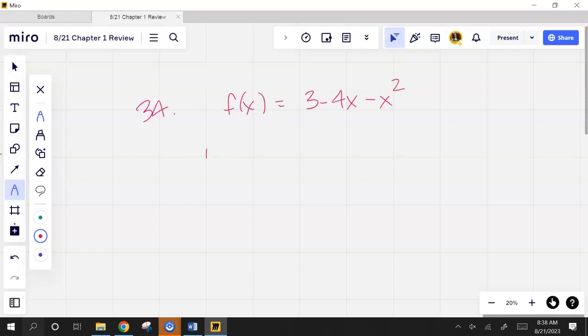Thank you. We talked about that on Friday. If the tangent line is horizontal, that means its slope is 0. So what I want to know is, when does this equal 0?